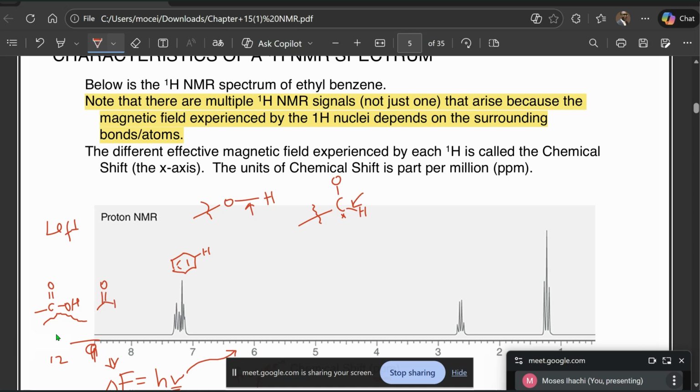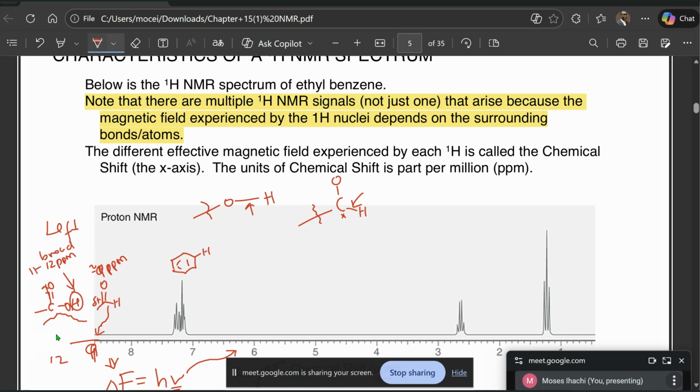Okay. And then it's going to be followed by the aldehyde one because it's attached directly to a very positive carbon, roughly at 9. So the carboxylic acid proton, because it's next to an oxygen, then a carbon, you have dipole moments, is going to show up at about 11 to 12 parts per million. And it's going to be broad.